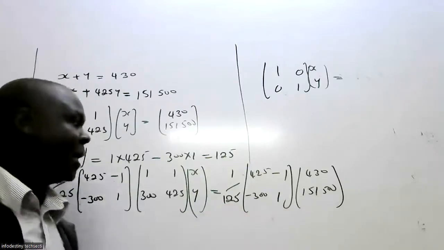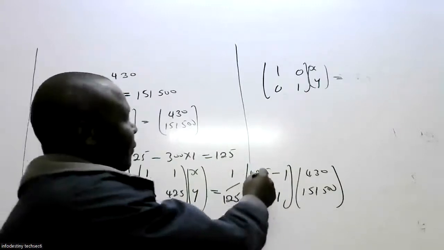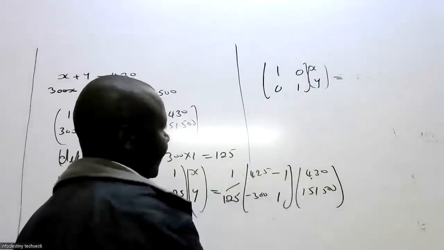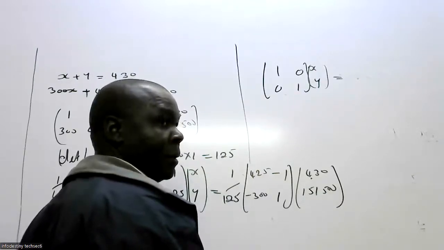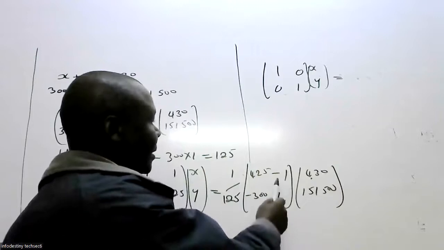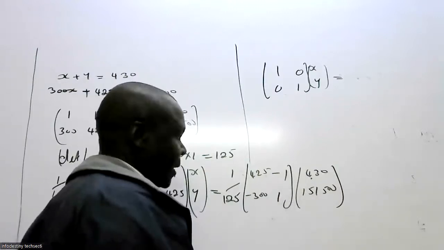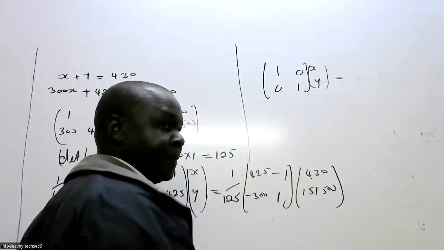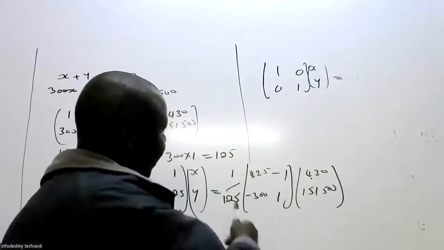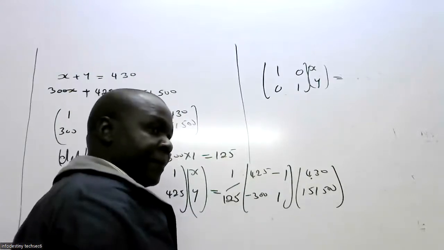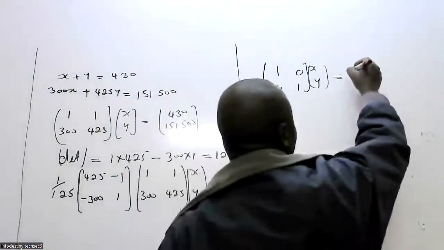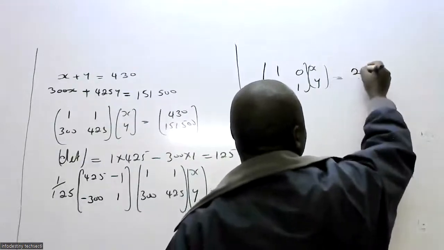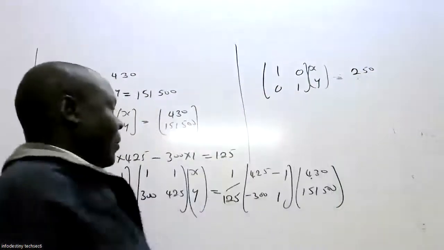Now we come here, we take this 425 times this. Now, because this is a minus, just minus with this. Then divide this one. So this is going to be 250. 250, yeah. You're together. Let's come to this.